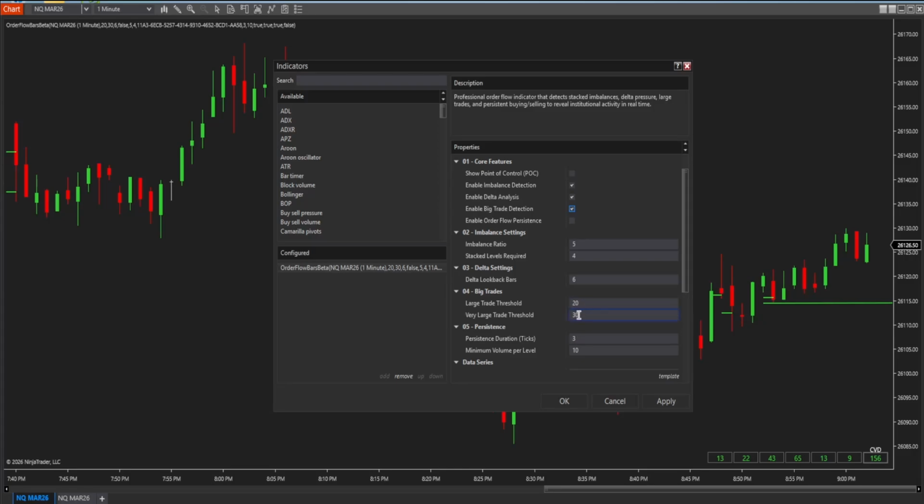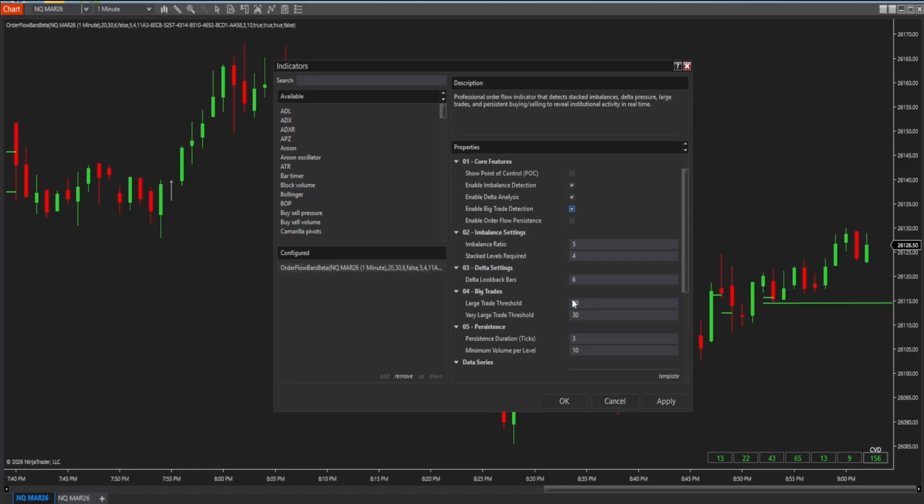So if there's one order of 25 contracts on the buy side, then it's going to show up as a dot. Now, if it's a very large trade threshold, 30 or more, it could be 30, it could be 100, it could be 200. It's going to show up as a big green circle or a big red circle.